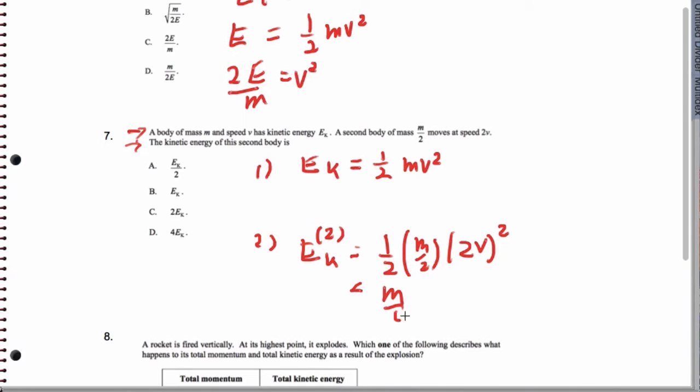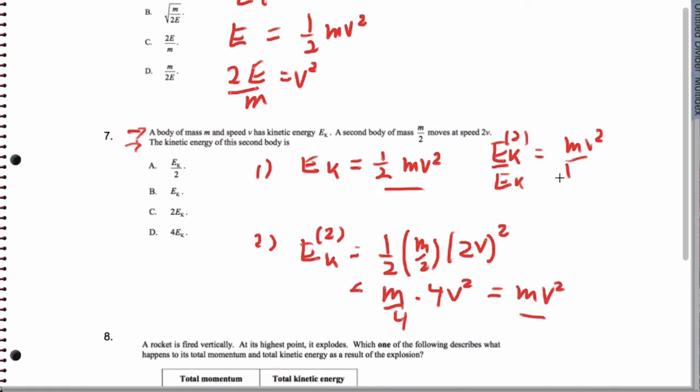So I've got m over 4 times 4v squared, which gives me mv squared. And now I compare. I'll take a ratio. So EK2 over EK is going to equal mv squared over 1/2 mv squared. And when I simplify that, I'm going to get that EK2 is twice EK. And that's how I'm getting choice C.